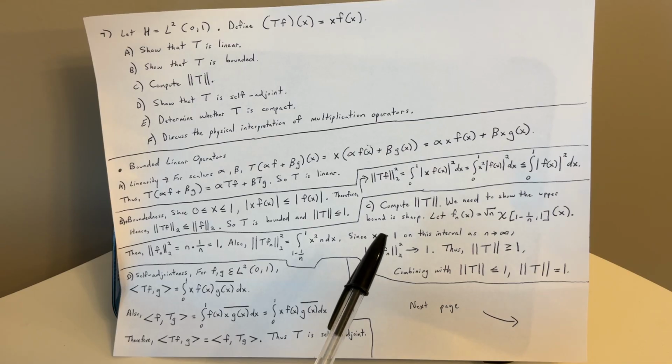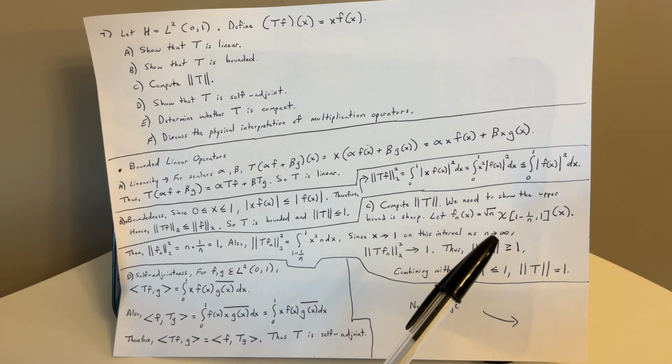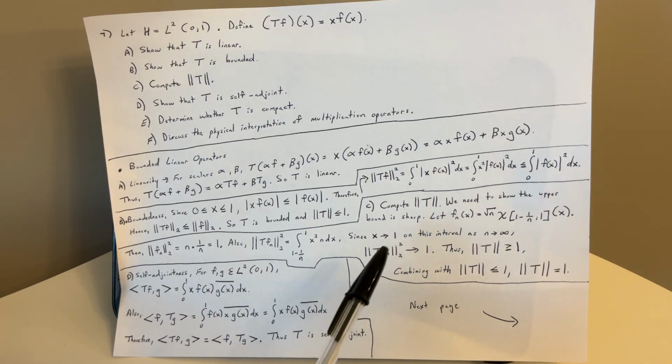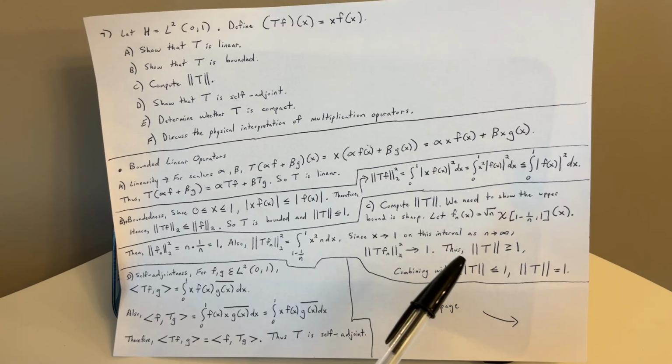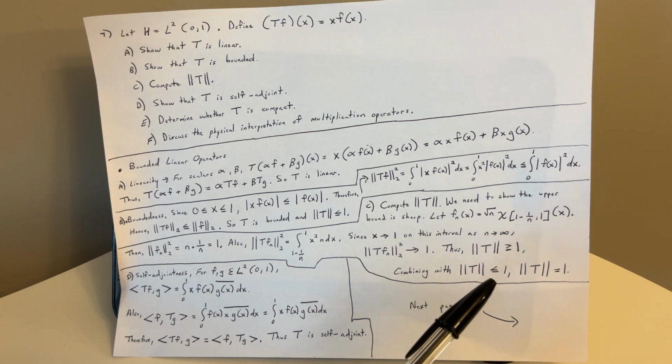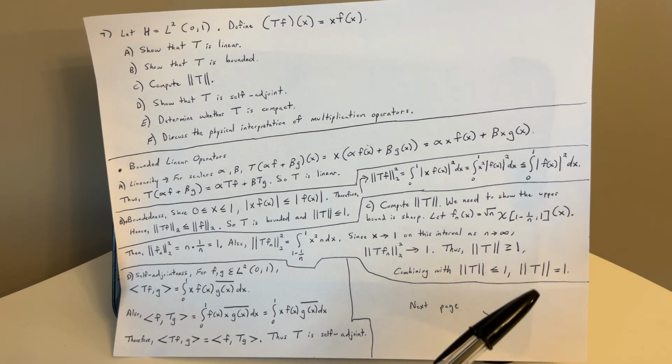Since x goes to 1 on this interval as n approaches infinity, this approaches 1, thus the norm is greater than or equal to 1. Combining with the norm of T being less than or equal to 1, the norm of T equals 1.